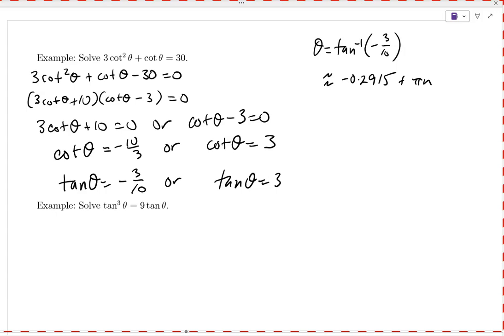So we only need to figure out answers that work in a 1 pi interval. So it's a little bit nicer when you're using your calculators for these, because whatever value you get out of the inverse tangent is the value you use, and then add a multiple of pi to it. You don't have to worry about 2 pi, you just have to do a multiple of pi. So that's the first one.